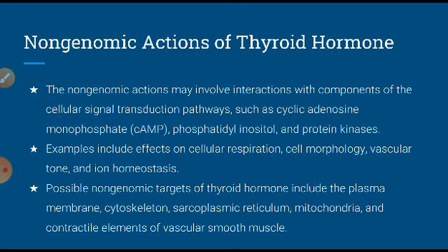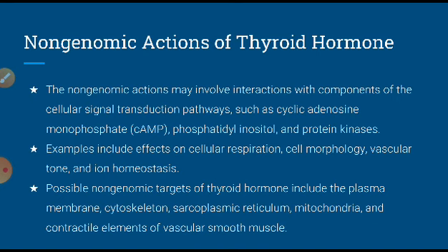The non-genomic action may involve interactions with components of the cellular signal transduction pathway. So it is not directly acting on the gene, while it is acting on various components of the cell signaling pathway, such as cyclic adenosine monophosphate, cAMP, or phosphatidylinositol and protein kinases, and there it acts and changes.